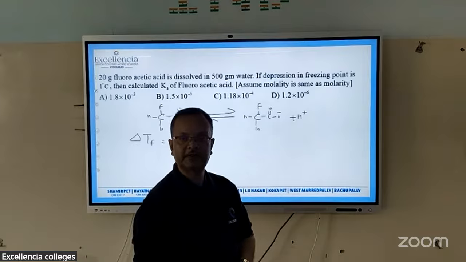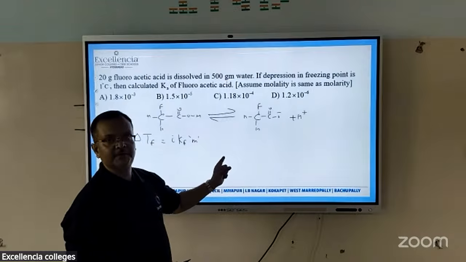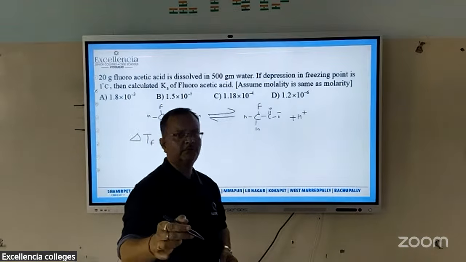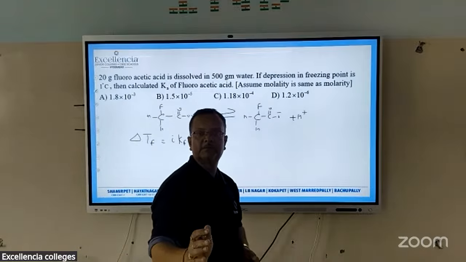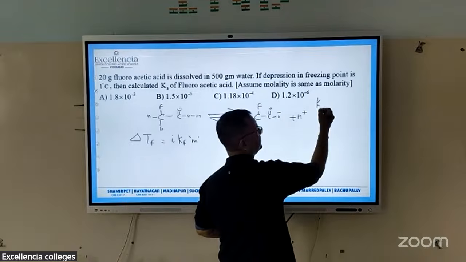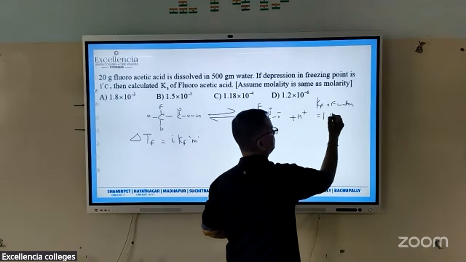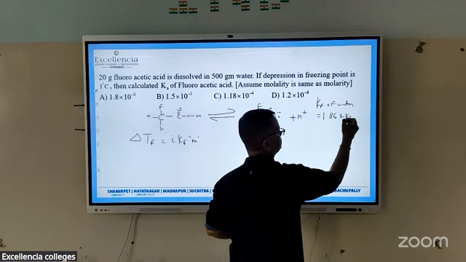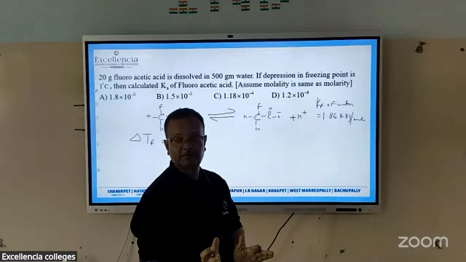And obviously, the Kf value will be given during the question. It is memory based, but the Kf value will definitely be given to you. We remember every time Kf and Kb for water. What is Kf for water? We know that Kf for water is 1.86 Kelvin kg per mole. So that we know very well when we solve the questions.